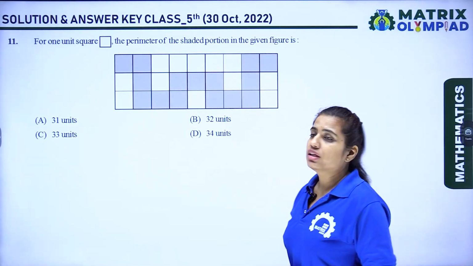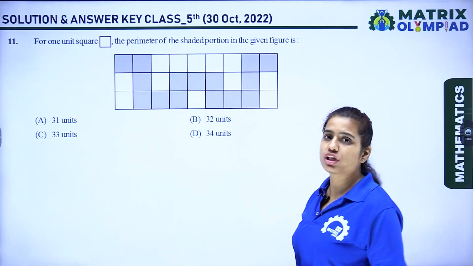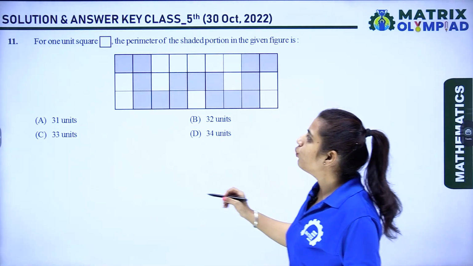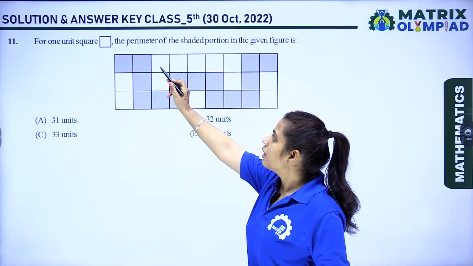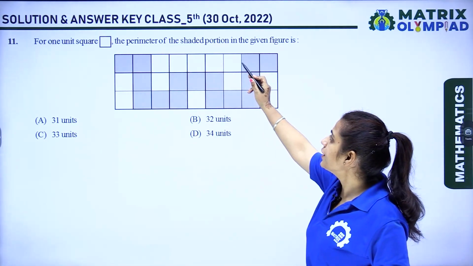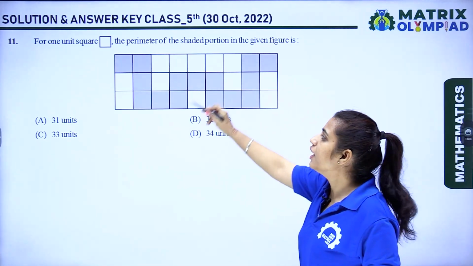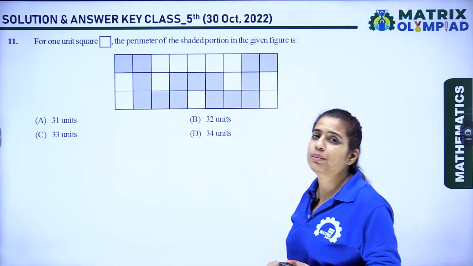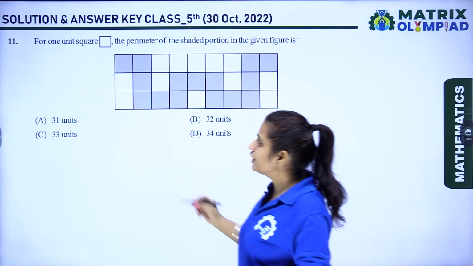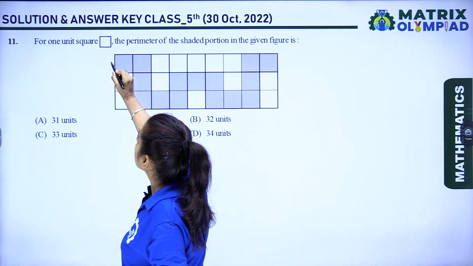Now let's begin with the next question, that is question number 11. For 1 unit square, the perimeter of the shaded portion in the given figure is. So here we have to find out the perimeter of the shaded portion. So let's begin with the counting.